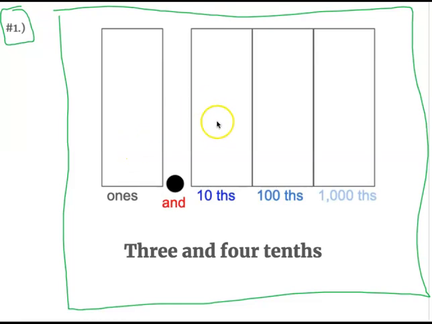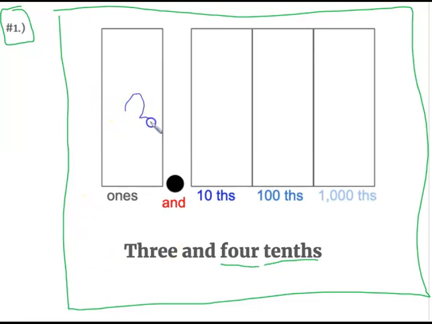Now you do not have to draw these boxes, but if it helps you, by all means, draw the boxes. So we're looking at 3 and 4 tenths. 4 tenths. Remember, this tells us where our last number goes. We're looking for the tenths column. Can you find it? What number do you think you should put there?